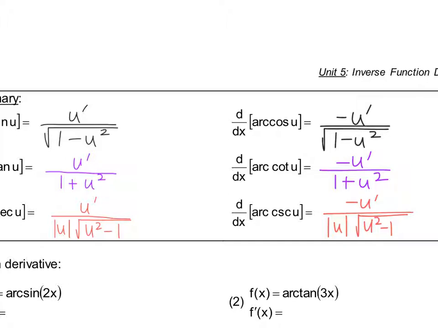That's not really why I go over this. What this tells us is that if I need to find the derivative or, when we get to antiderivatives, the antiderivative involving inverse trig functions, the sine and the cosine are only off by a negative number. So generally, you can just get away with knowing the sine information, tangent and secant, and it'll carry you through the rest of the way.